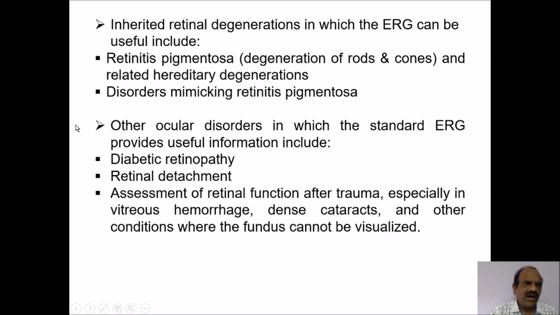The second type is other ocular disorders in which the standard ERG provides useful information, which include diabetic retinopathy, retinal detachment, assessment of retinal function after trauma, especially in vitreous hemorrhage, dense cataracts, and other conditions where the fundus cannot be visualized.